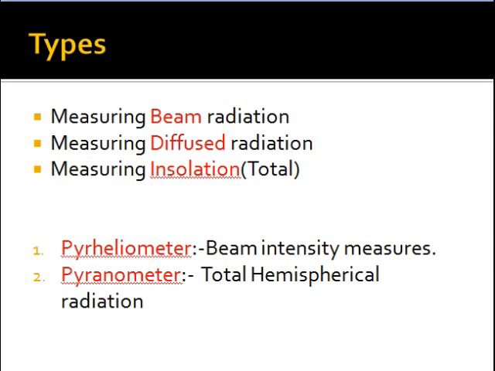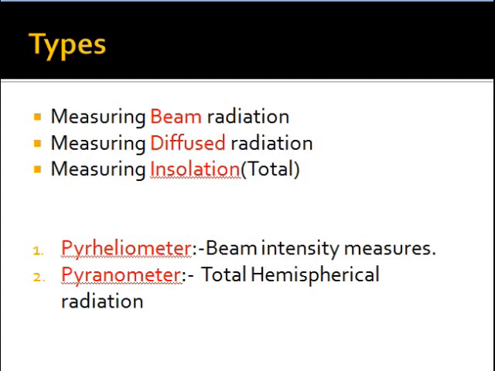As I have told, the measurement can be done for solar beam radiation, diffuse radiation, and total radiation or insolation. For all these three different measurements, we have different sets of devices.